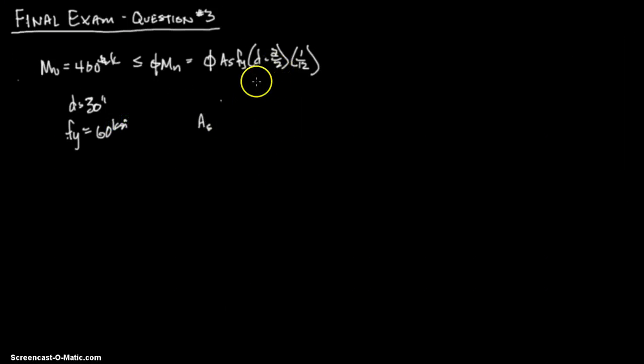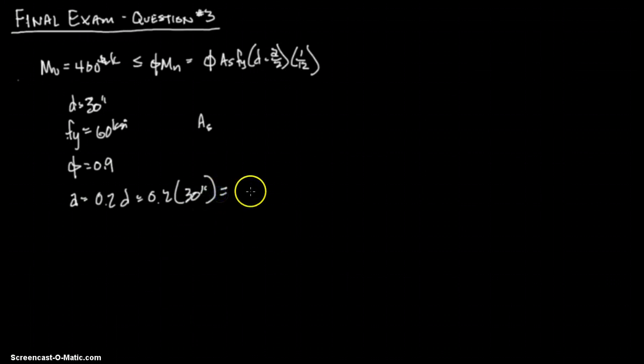And then phi is always going to be 0.9 for concrete in bending, this is bending. And then we need a. It said to assume a equals 0.2 d, which equals 0.2 times 30 inches, which equals 6. That's a pretty big d.